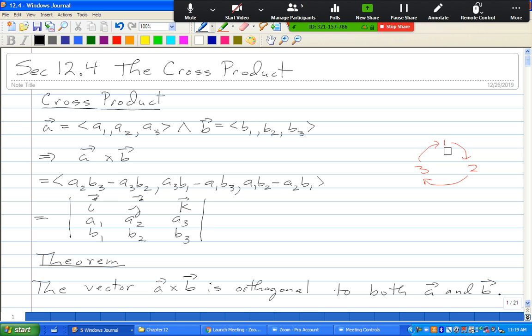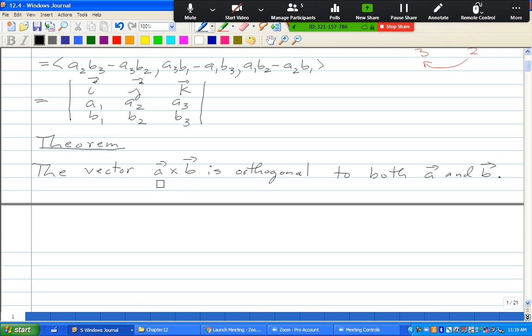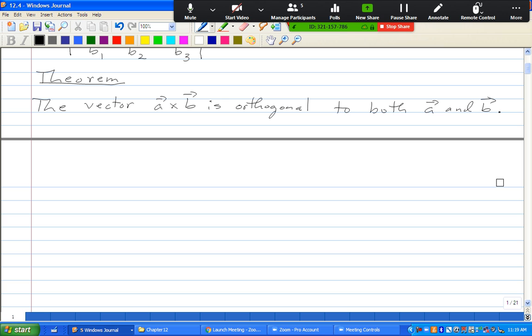Let me give you a theorem. The vector A cross B is orthogonal to both the vector A and the vector B. Let's prove this.